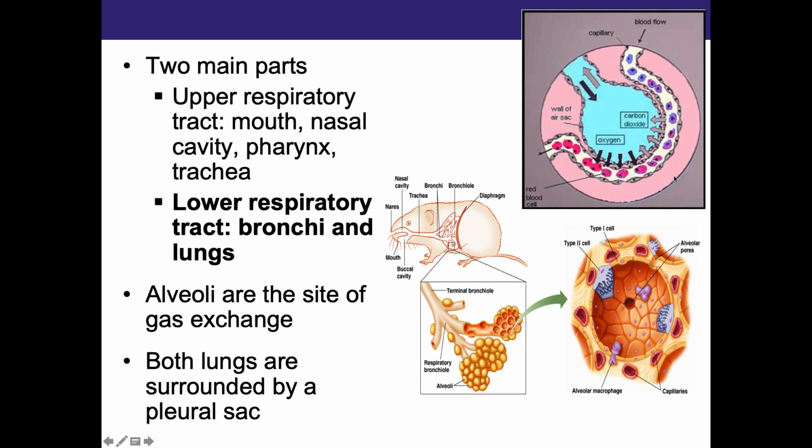It's giving you some information about the anatomy of the alveoli. You can see air enters and exits through the same opening. And oxygen and carbon dioxide are exchanged. Oxygen is brought into the capillary beds. It diffuses into the capillaries, and carbon dioxide diffuses out.